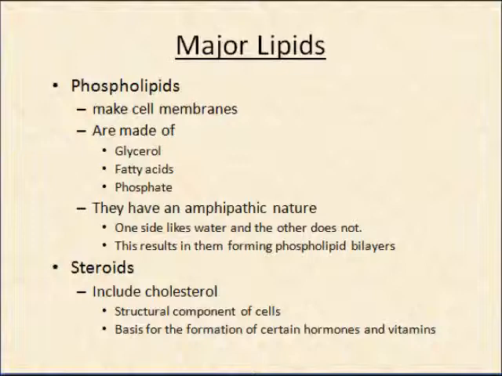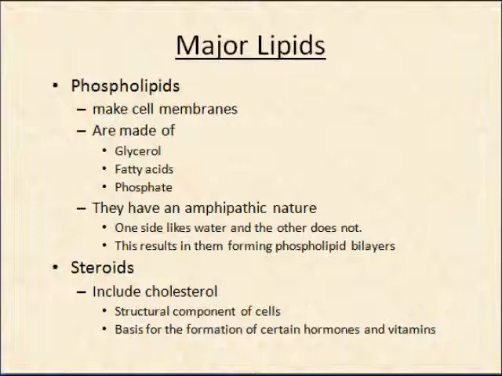Now, cells are largely water. Our bodies are largely water, and we've heard all our lives that oil and water don't mix. But because they have this phosphate group on them, they have one side of the molecule that likes water and the other side that does not like water.